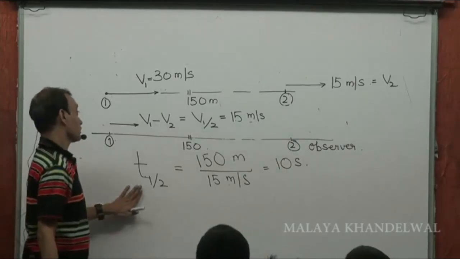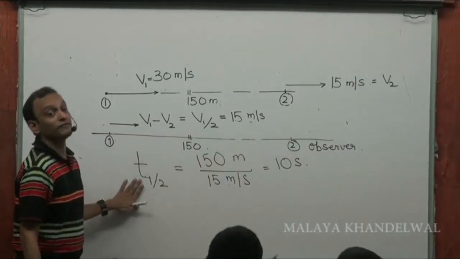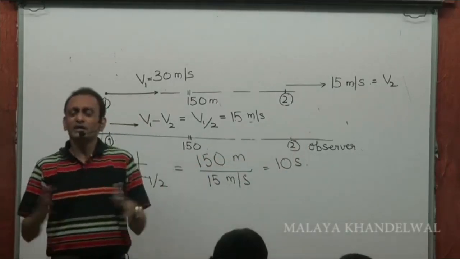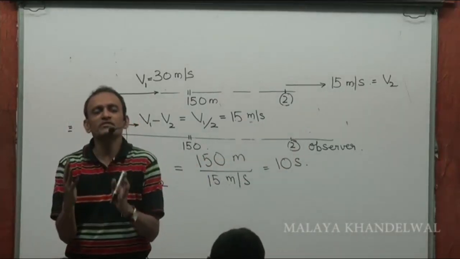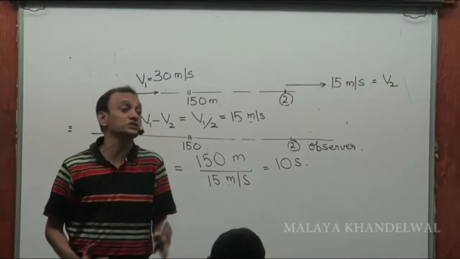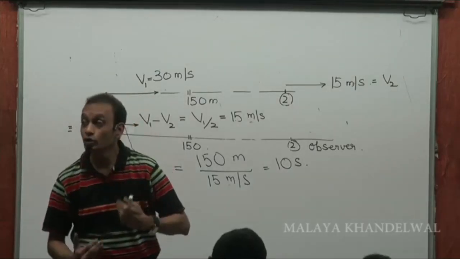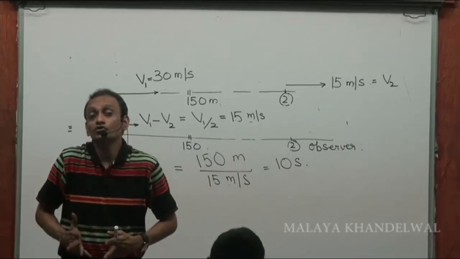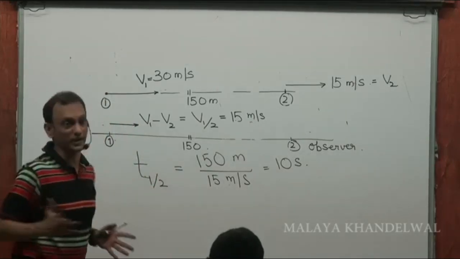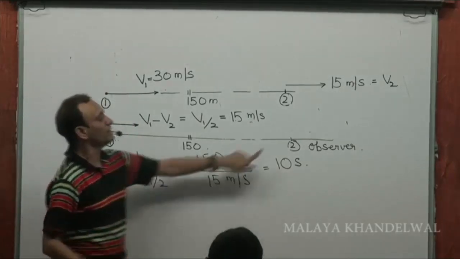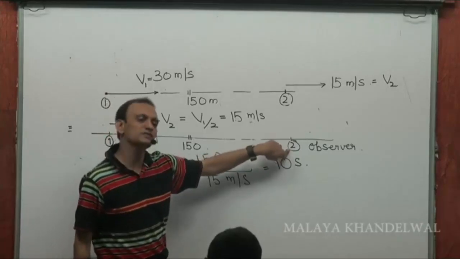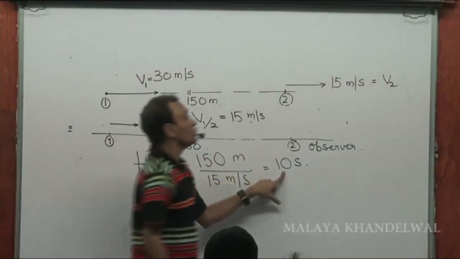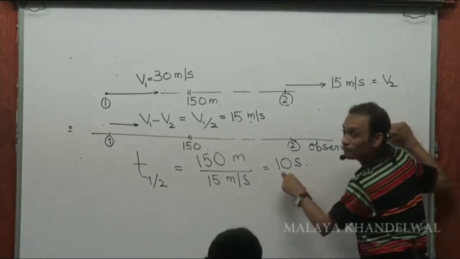Now this is good for finding the time it takes for 1 to catch up on 2. It's good for observing and analyzing the relative positions of 1 and 2, but not good enough directly to locate 1 and 2 appropriately, because in this equivalent situation 2 is looked upon as being here only, but 2 has actually moved. In 10 seconds 2 would have moved 150 meters.